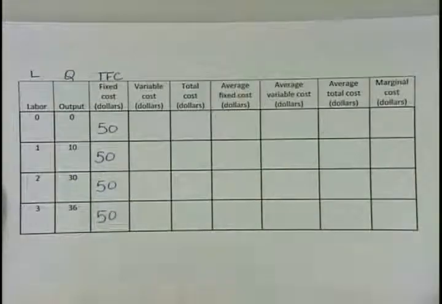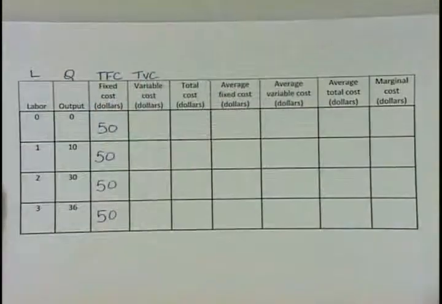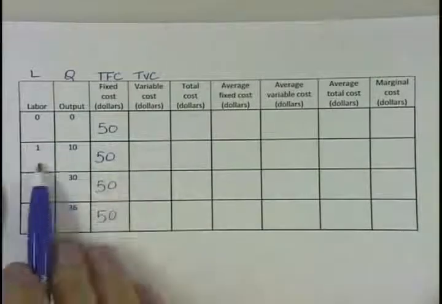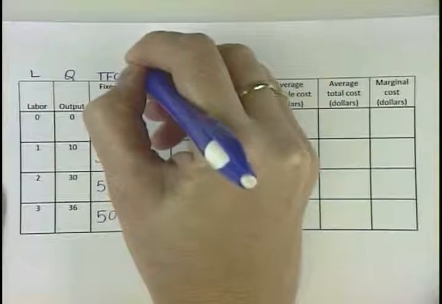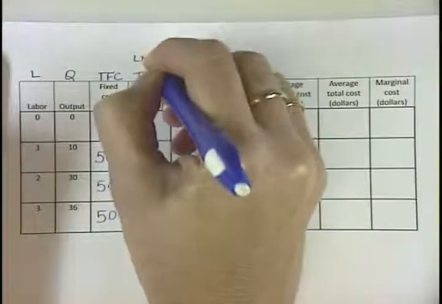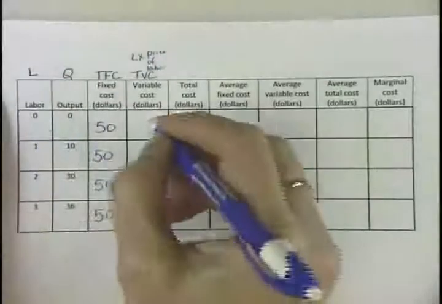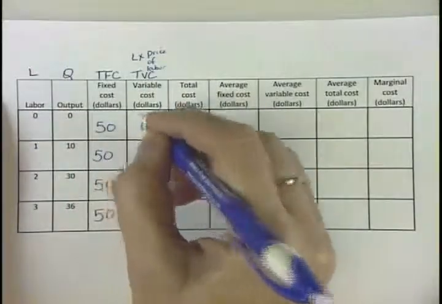Now variable cost, we typically give that a TVC for total variable cost. Total variable cost is going to be the number of units of labor times the price of labor. So how many units do we have times the price? Let's say each unit of labor costs us $100. If we have 0 units of labor, we don't have any variable costs, so that one's going to be 0.